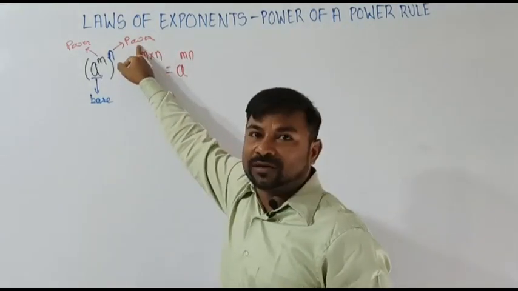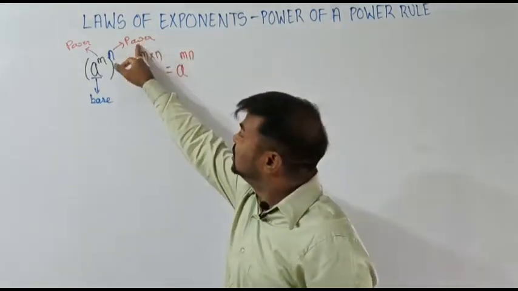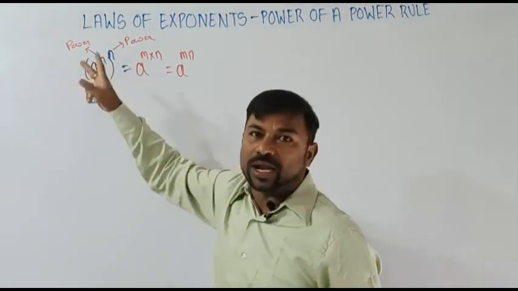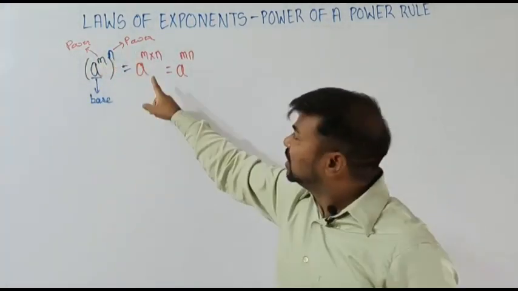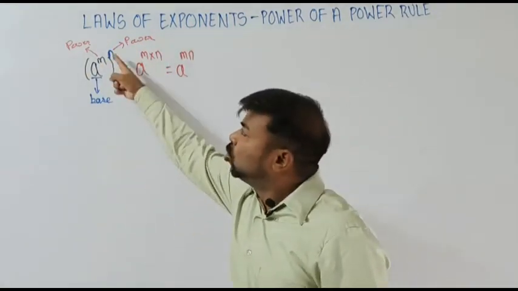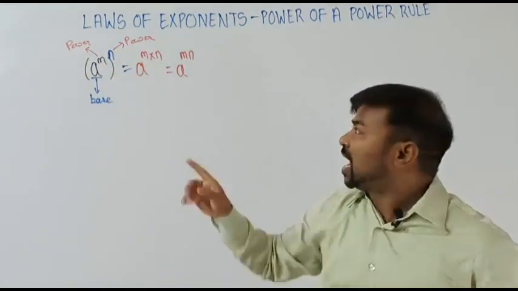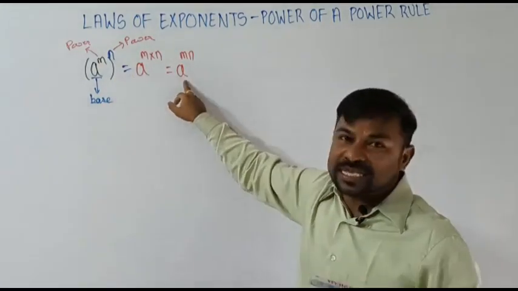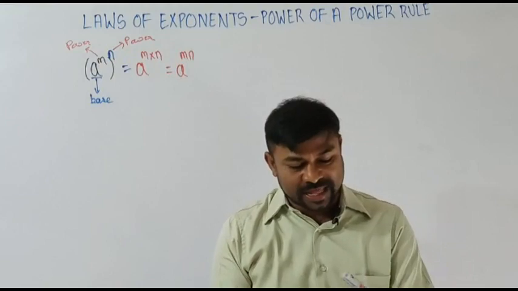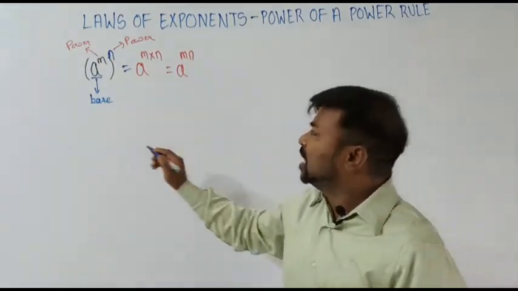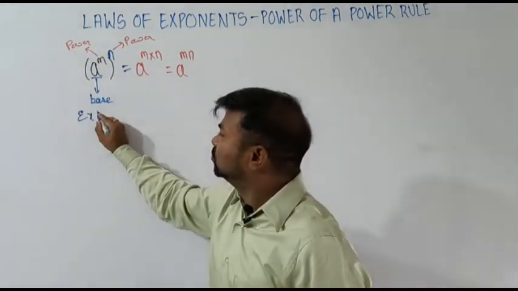This is the power for the inside one. So when we have two powers like this, what are we supposed to do? Both the powers should be multiplied, and we write the base as it is. To explain that, let me come to an example for you.